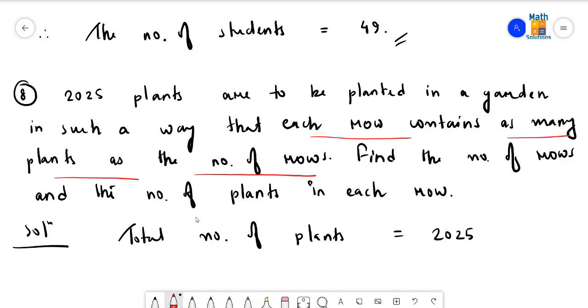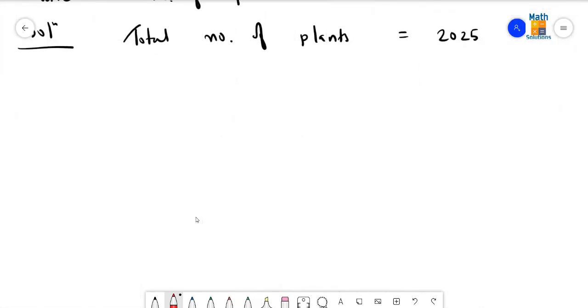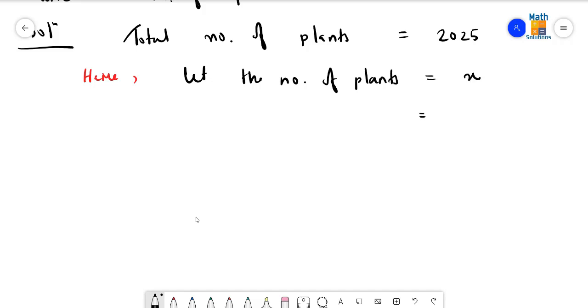So what I am going to write here is: let the number of plants be equal to x, that is equal to again the number of rows, meaning both should be the same.